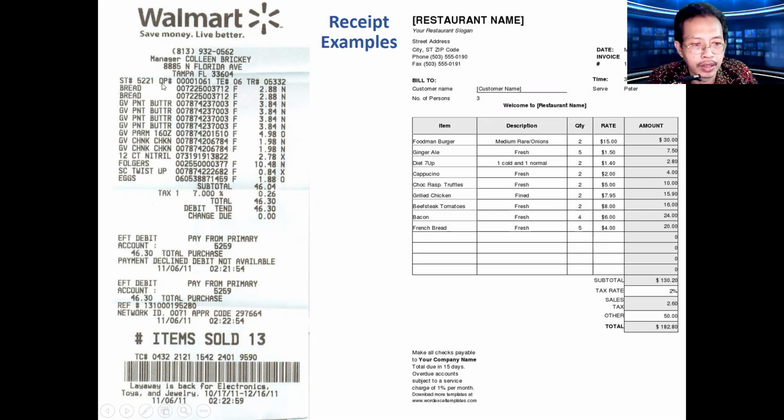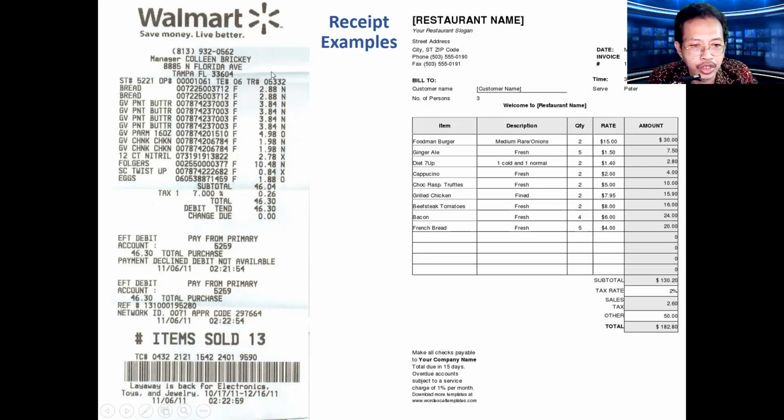Okay, the identification number of this operator, the person who inputs the data into the cash register, is 00001061. And then you have the teller. This could be the cashier line that the customer goes into, 06.